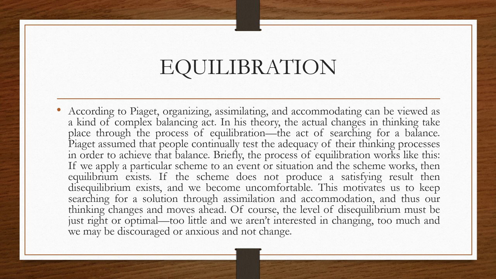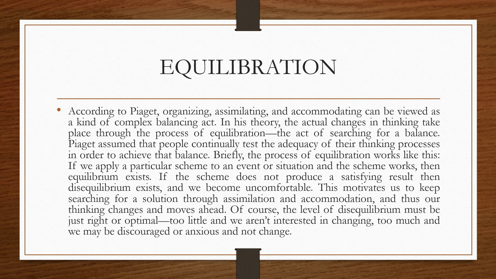According to Piaget, organizing, assimilating, and accommodating can be viewed as a kind of complex balancing act. In his theory, the actual changes in thinking take place through the process of equilibration, the act of searching for a balance.